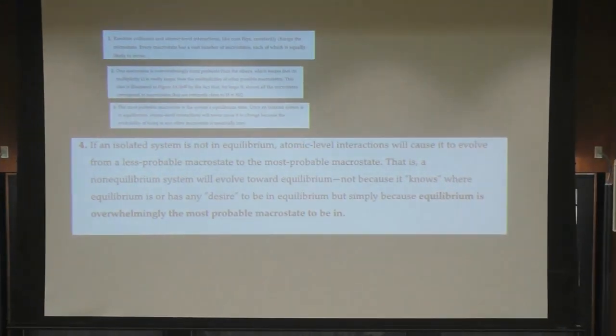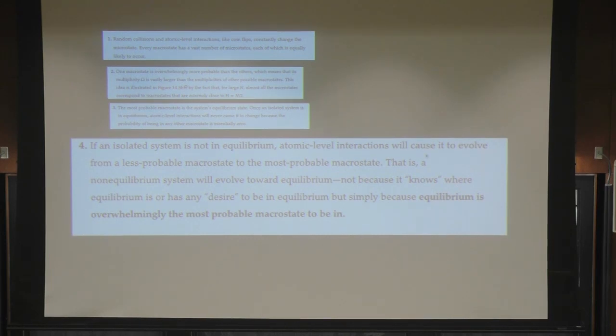Now, if an isolated system is not in equilibrium, atomic level interactions will instead cause it to evolve from the less probable macrostate that it's in to the most probable macrostate. The example for that is atomic level collisions of a dye causing it to diffuse across the water, and all the dye is evenly spread out after a certain amount of time.